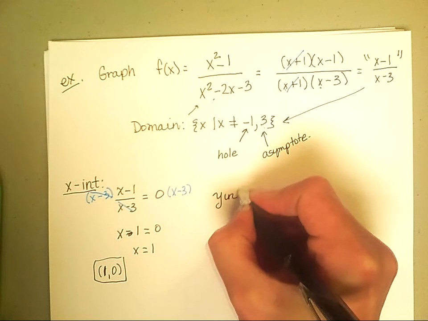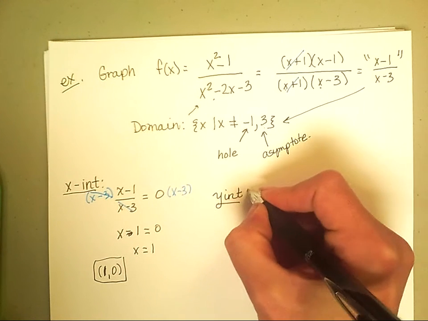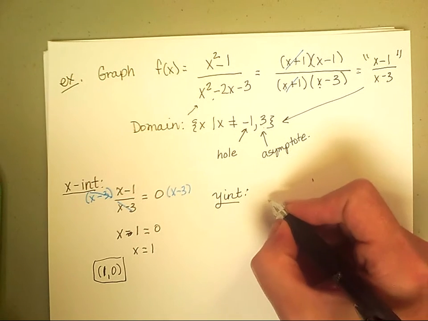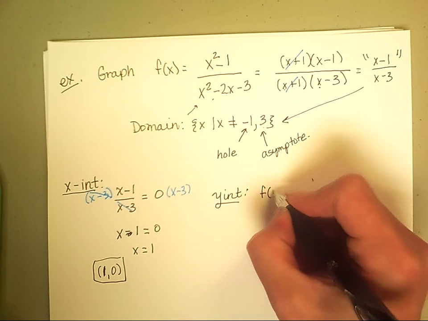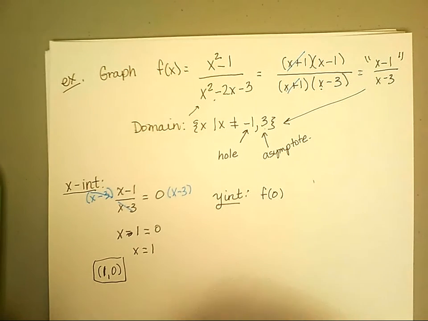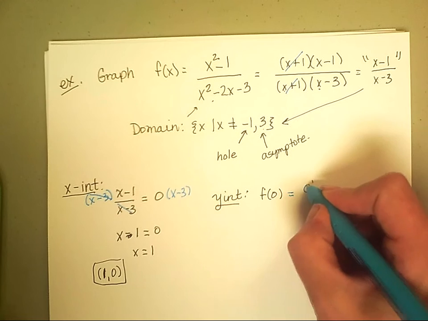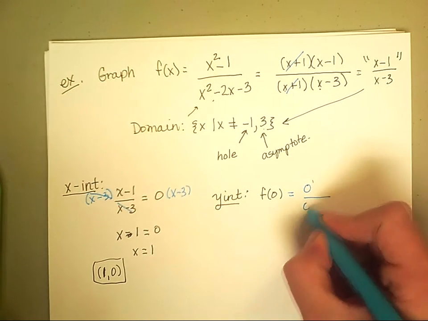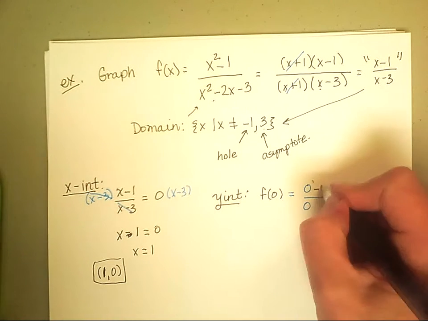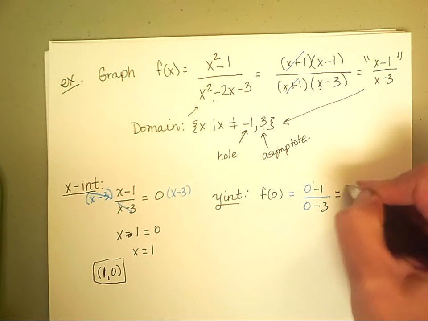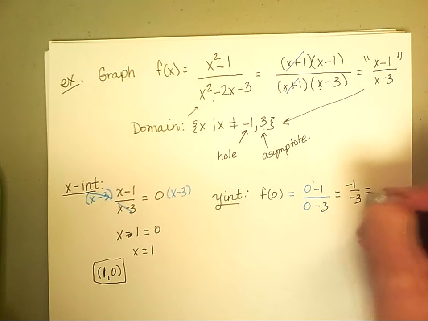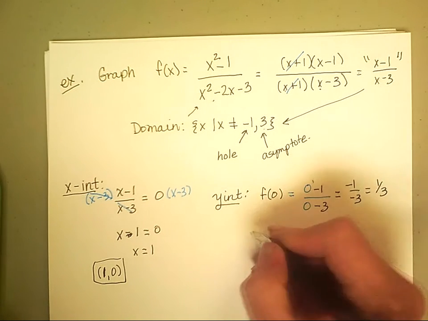Now for a y-intercept, again, we can use the reduced function. That's what we have to find, the function evaluated at 0. Well, if we're using the reduced function, that's equal to 0 minus 1 over 0 minus 3, which is negative 1 over negative 3, which is positive 1/3.